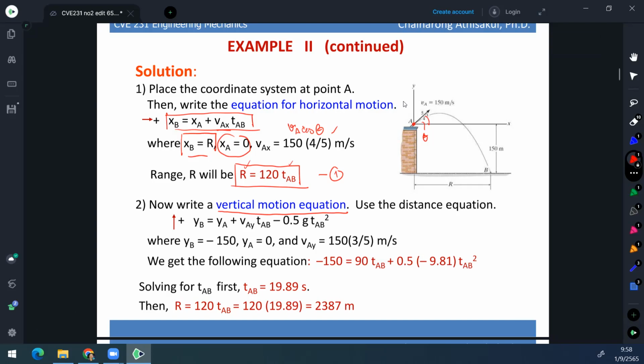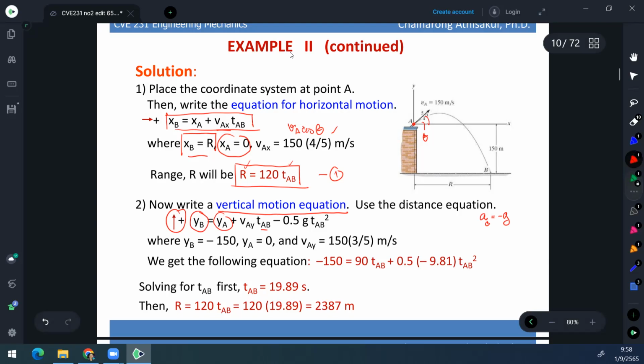For the vertical motion, the particle moves with constant acceleration equal to minus g, because it goes downward and we set upward as positive. Then we can determine the time from this equation because we already know yB and yA.